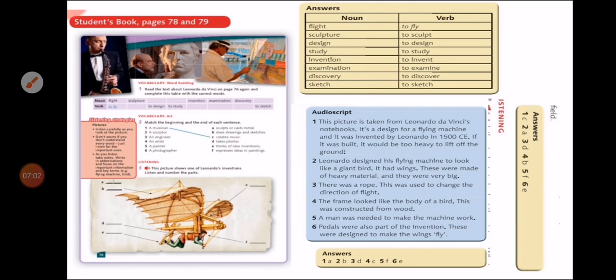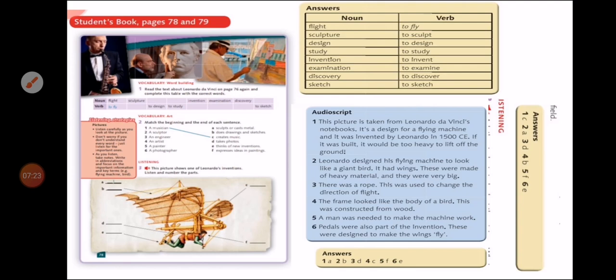And number 3 with D. There was a rope. إذا number 3 اللي with D هاي الحبل. There was a rope. This was used to change the direction of flight.